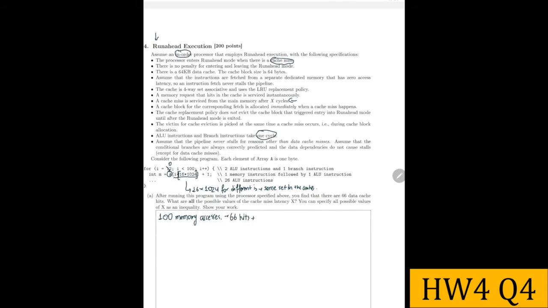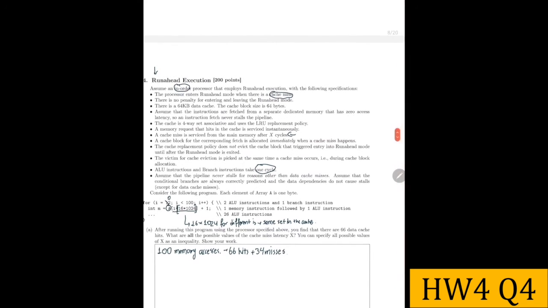We need 24 misses. No, sorry, not 24, 34. 34 misses. Okay, for 34 misses, what do we want? We want 34 misses, and for every miss, we need to prefetch 2 things.